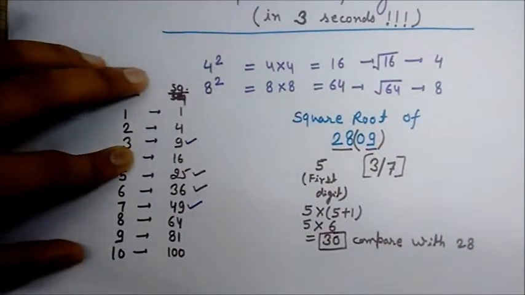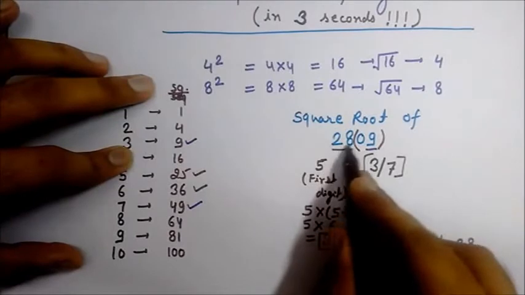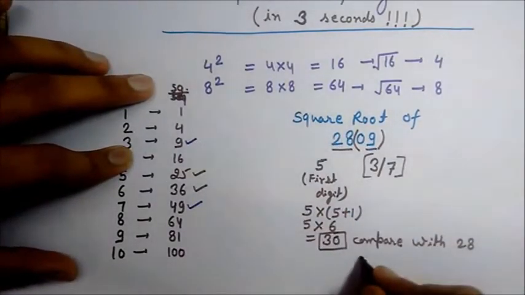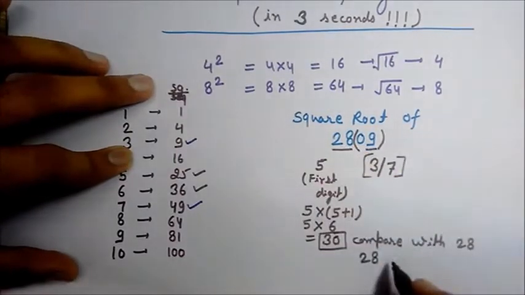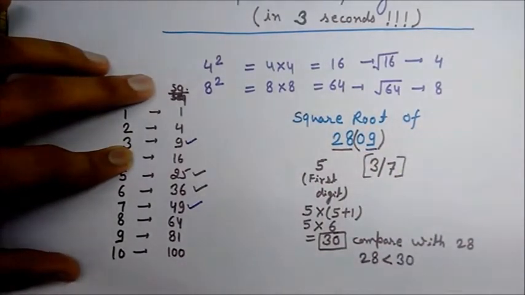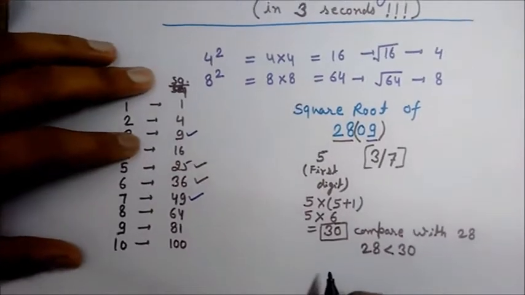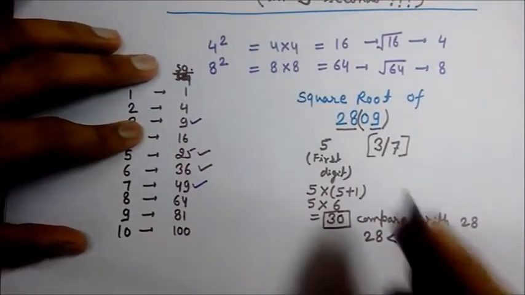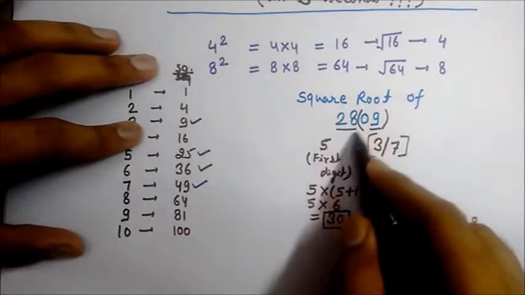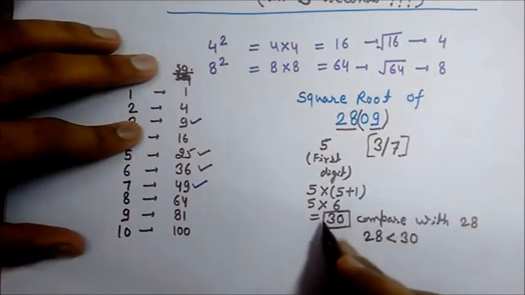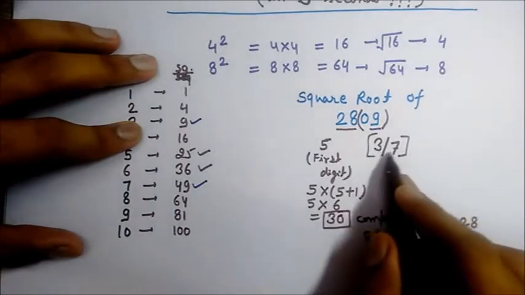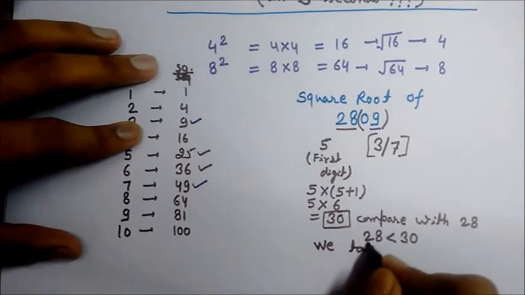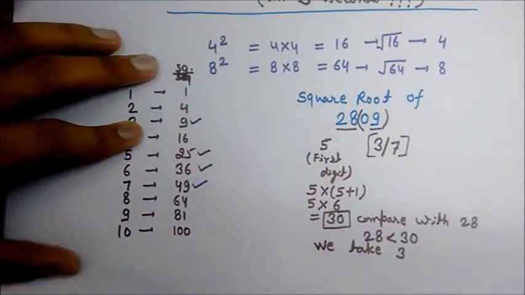If this number 28 is smaller than this 30, then we take the smaller number out of 3 and 7. So in this case we take 3.